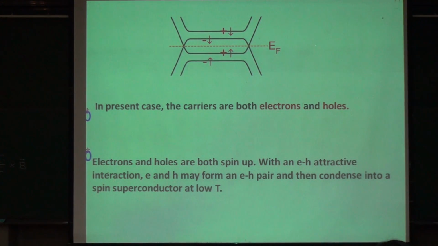There's a crossing point between the hole band and the electron band, and due to the attractive Coulomb interaction at this crossing point, you will open up a gap. Once you open up a gap, the story is pretty much like what we had: you have an insulator, but below the gap is a spin superconductor.